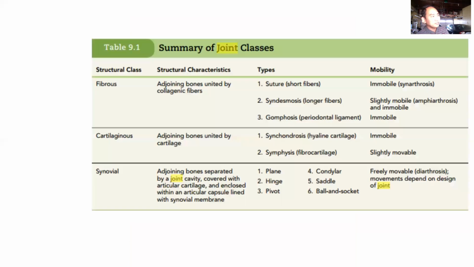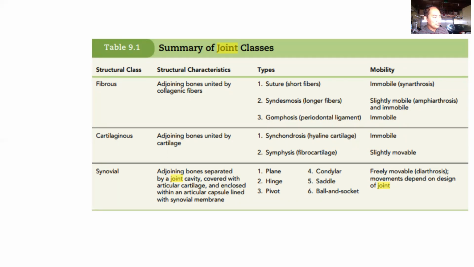So let's conclude. A joint is a structure. It is a connection of two articular surfaces. There are three types of joints according to their structure. They are fibrous joint, cartilaginous joint, and synovial joints.